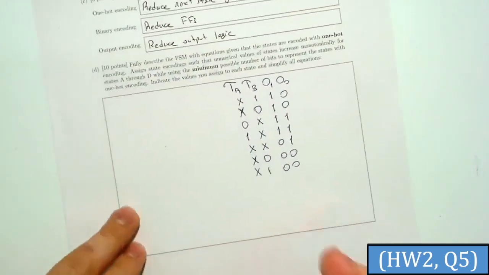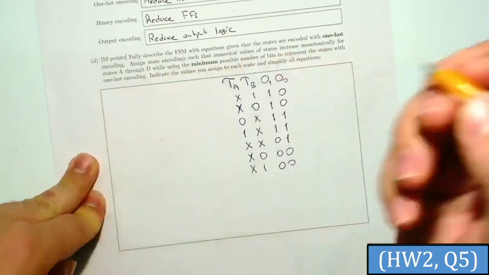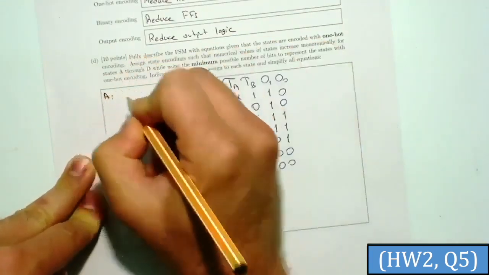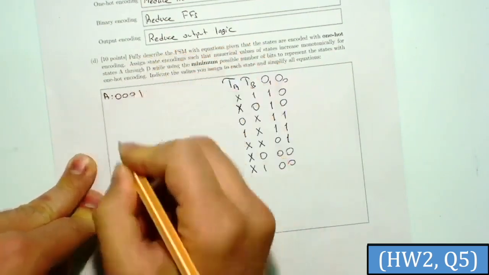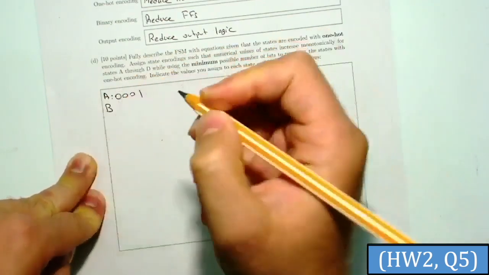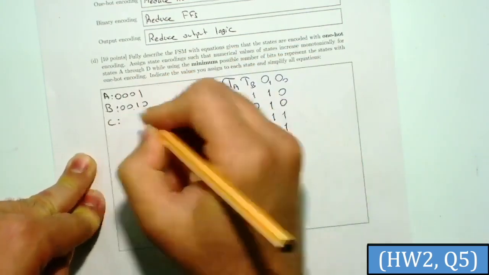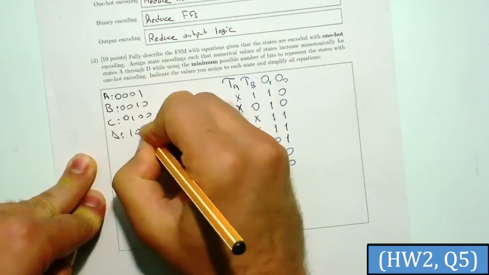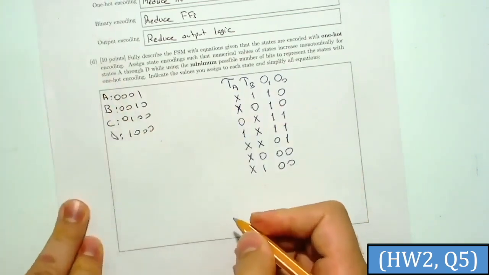For the one-hot encoding, I'm going to represent each state using a single bit. For example, I can represent A with the least significant bit, and B, C, and D as follows. So every state is represented by a single bit.